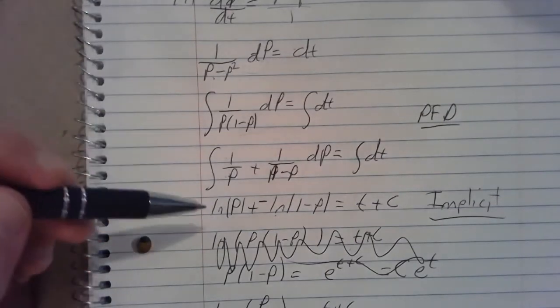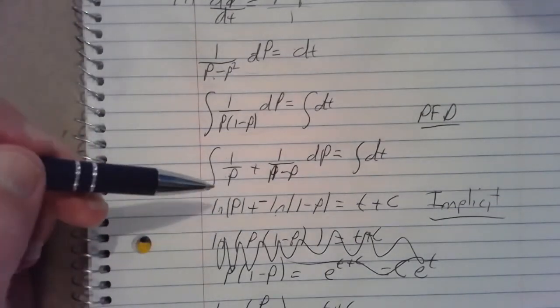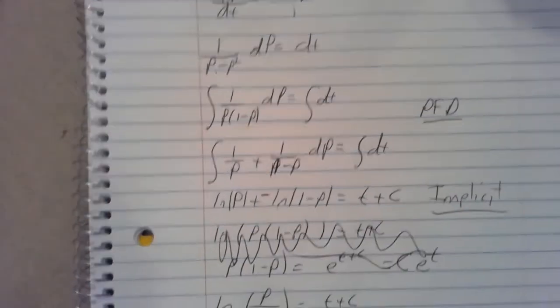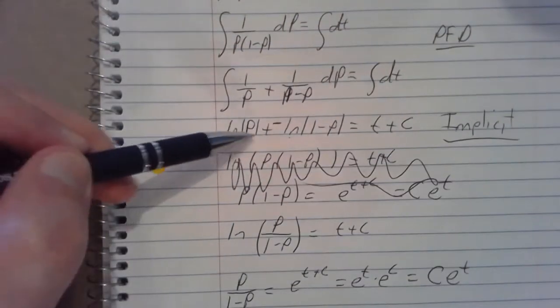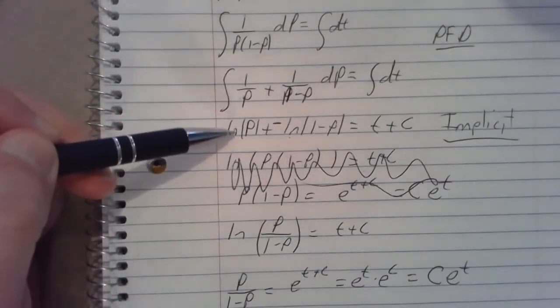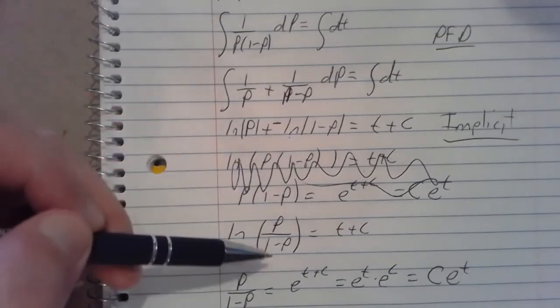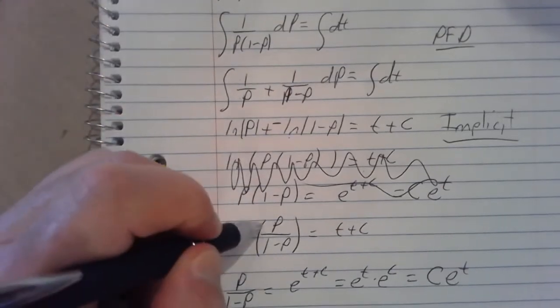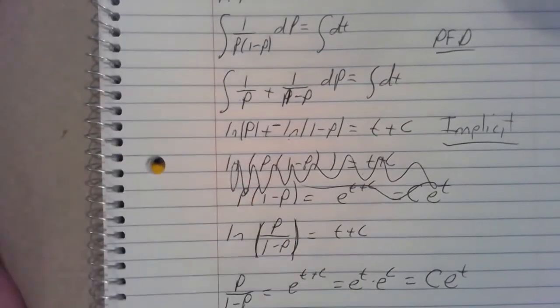I'm going to go ahead and solve this explicitly. I'm going to solve it for p. Okay, so we can combine these together. Remember, with a log, subtracted outside becomes divided inside. So technically this is an absolute value.